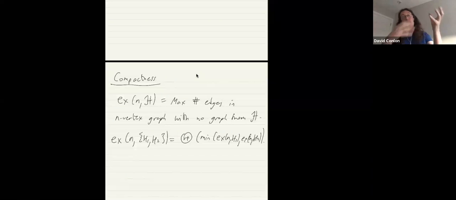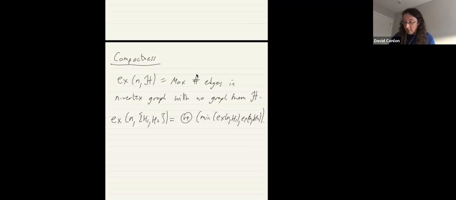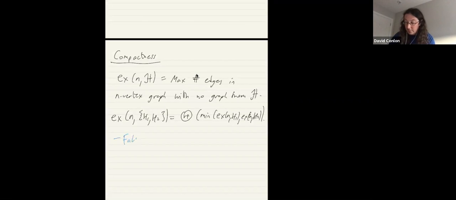So somehow the extremal number of the minimum of the two graphs determines the extremal number of the family. I don't know if anybody actually believes this. So this is a conjecture of Erdős and Simonovits. It's known to be false for hypergraphs, and our result shows that the analogous thing is false for linear equations.